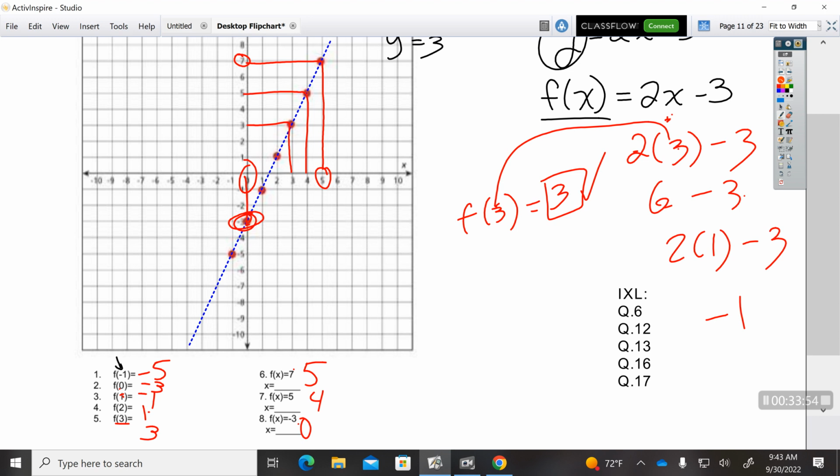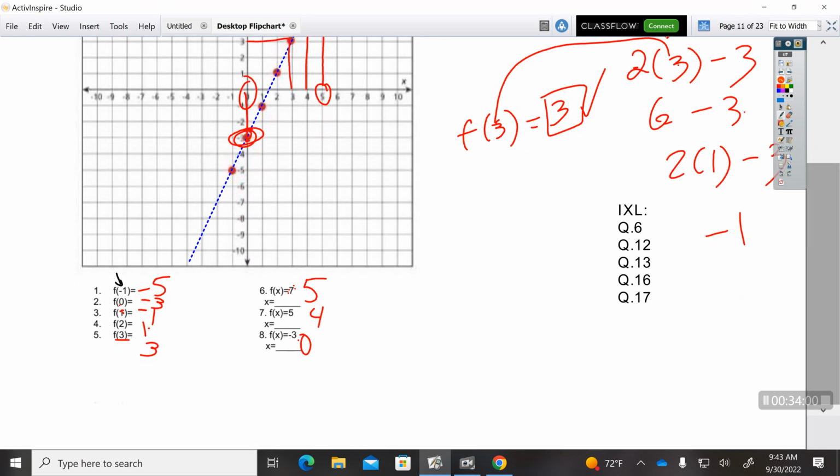One more example to show you from the same page. Let's try one of the y value ones. So if I say f of x equals 7, and this is your function, same one we had up top, where would you plug in the 7?